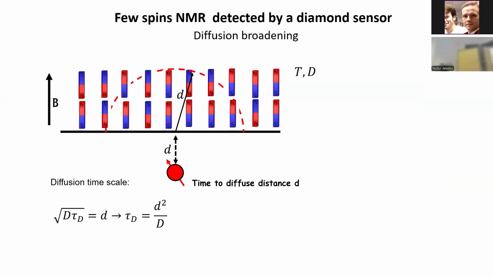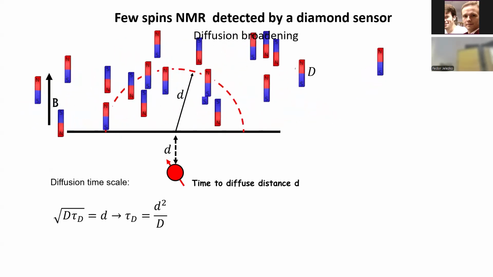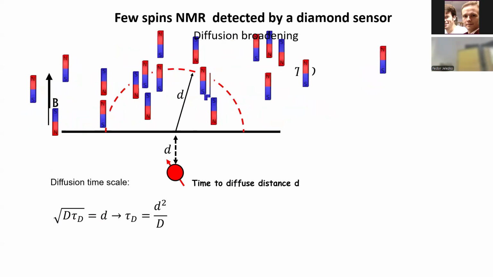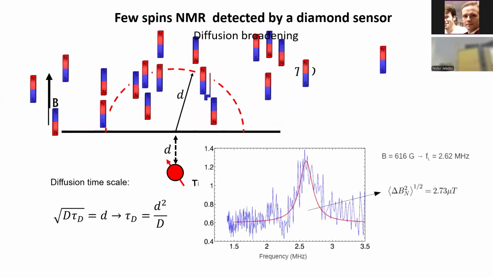Here is a picture of how we see these external spins. Every spin is a magnet. There is always an overshoot of spin up or spin down. That's why you get a resulting magnetic field. But if these magnets are diffusing, there is a redistribution of magnetic moment, and the amplitude and phase are fluctuating, and you get a diffusion broadening.